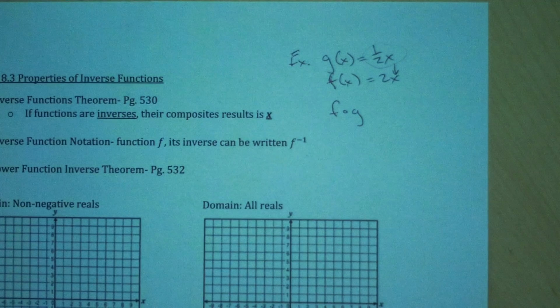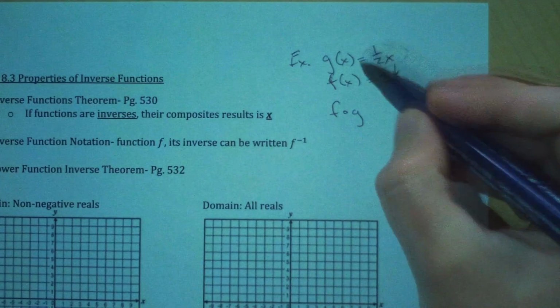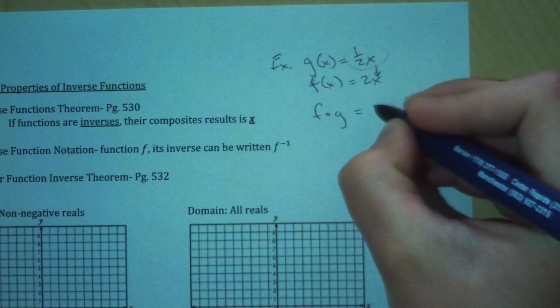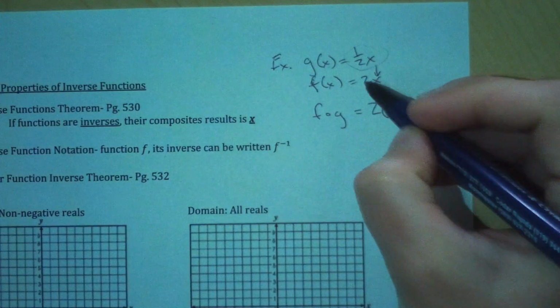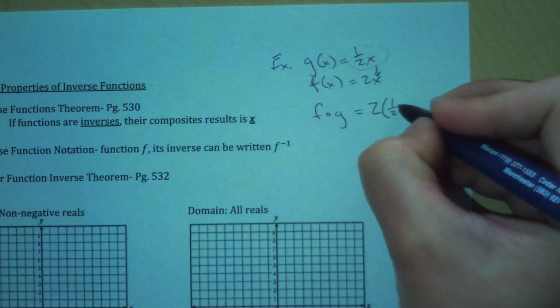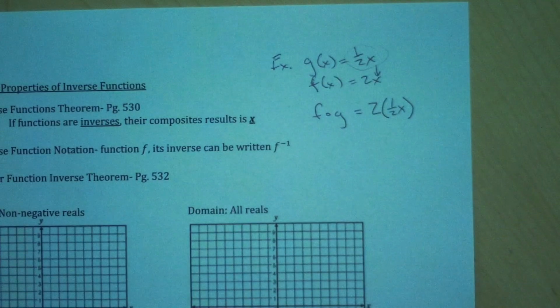So if I take this and put it in for that x, it would be the 2 out front for the f of x. We're plugging that g of x into that spot. And then if I simplify that down, what's 2 times a half? What's half of 2? 1, right?